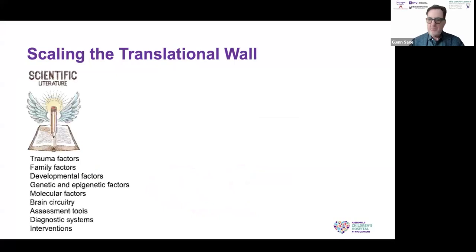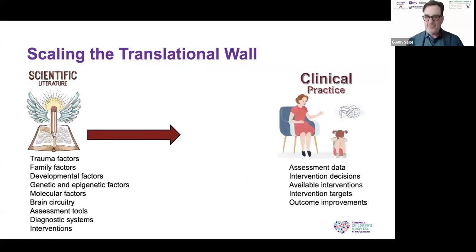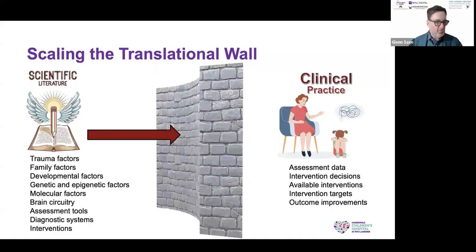And it's all about scaling the translational wall. We have our science, as we read about in our literature, then we have our practice and what's needed, and we have this wall, and that wall needs to be scaled, and we really believe that predictive and causal knowledge is indispensable for this.